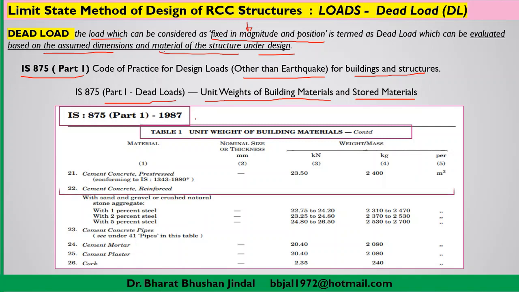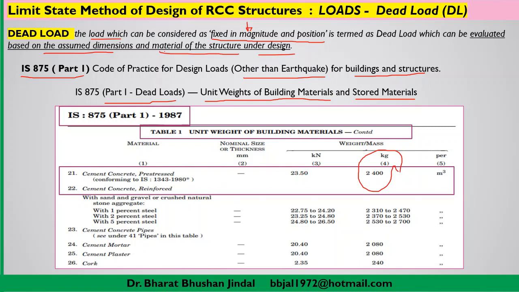Now you see here, if your building material is cement concrete, it may be pre-stressed or it may be reinforced. When you are using cement concrete as the material, then unit weight will be taken as 2400 kg per meter cube.